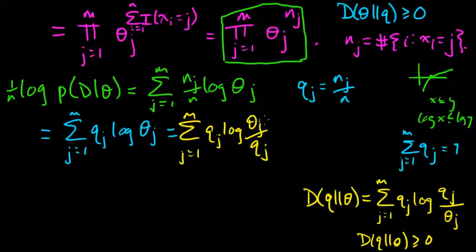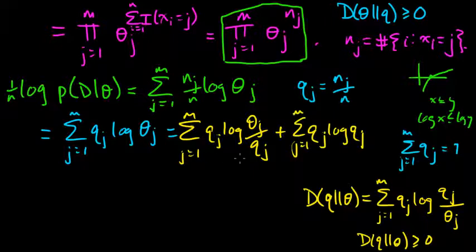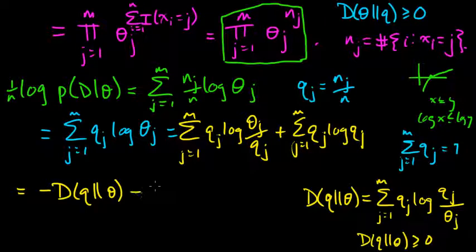I'm going to put a minus to fix the fact that these are upside down, and then plus the sum over j's of qj log qj. So this is true because the log of the ratio is log of theta j minus log of qj, so that cancels. You distribute the qj's, then you move the sum in, and that cancels. So this equals minus the relative entropy of q with theta, minus the entropy of q. Okay.